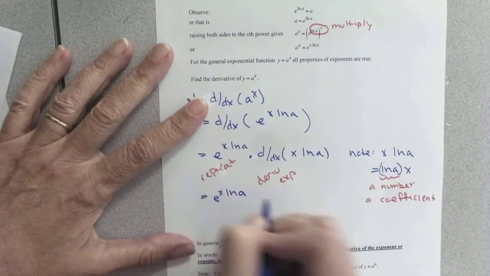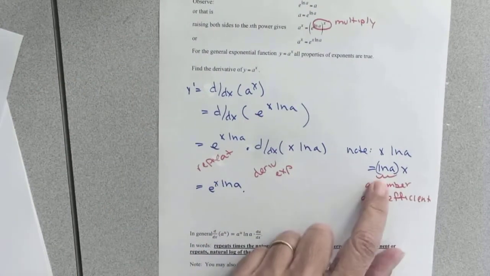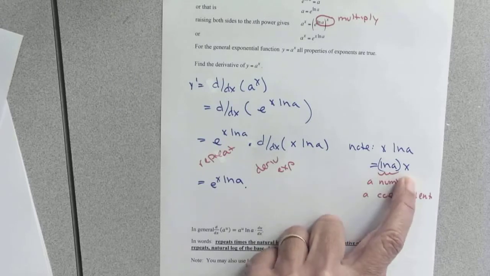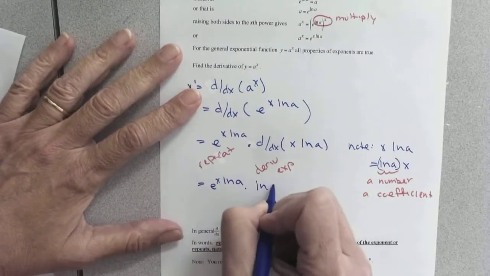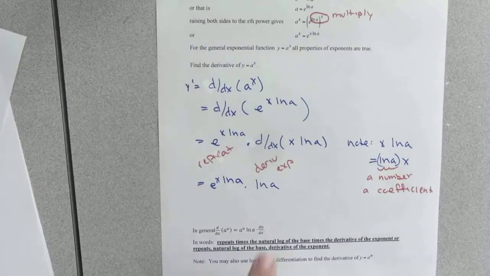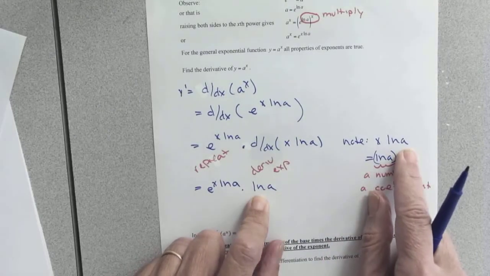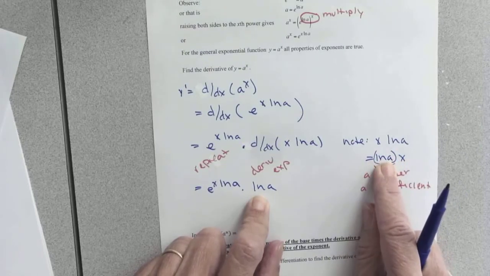So when I go to do this derivative here, the derivative of x log a, which is the same thing as log a times x, coefficient times x, the derivative of a coefficient times x is just the coefficient. So again, where I'm getting that natural log of a. X log a, same thing as natural log of a times x.